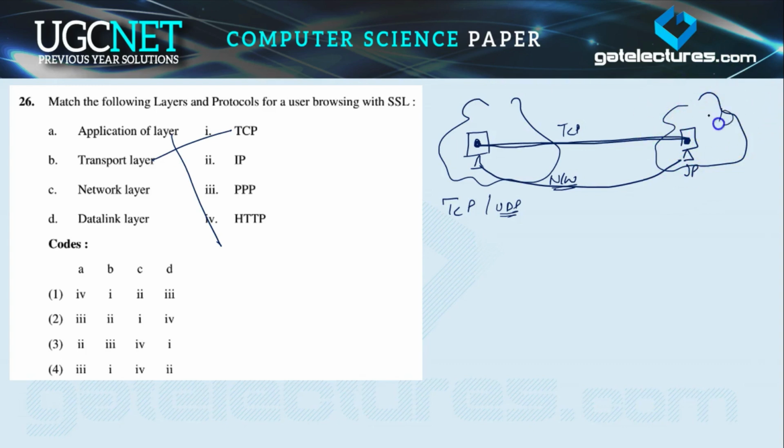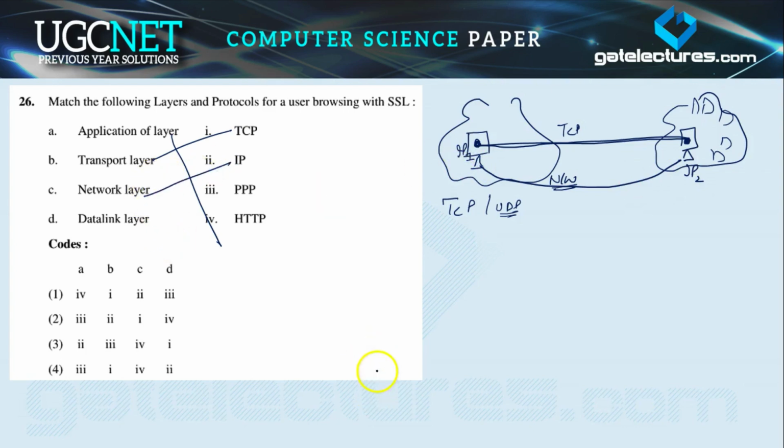Many computers are there, so how are we going to find out the particular one to which we have to transfer the data? With the help of IP address, I'm able to identify. So IP is the protocol for the network layer.